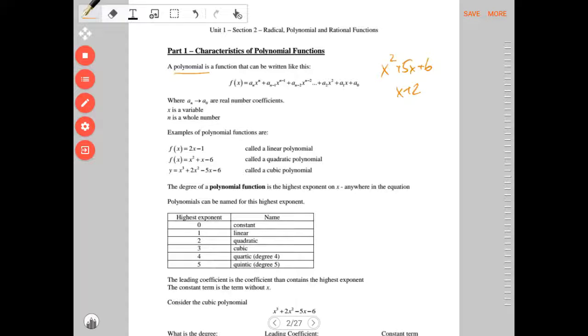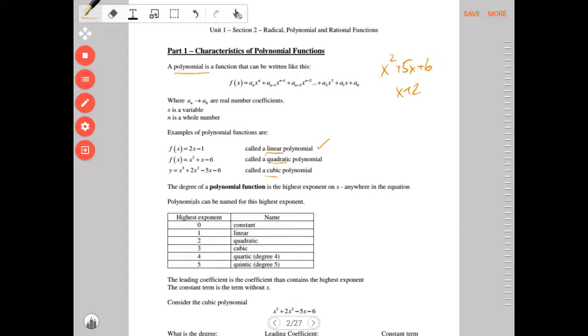So a few examples. 2x minus 1, that's called a linear polynomial. x squared plus x minus 6, that's called a quadratic polynomial. Then we have these bigger ones, x cubed plus 2x squared minus 5x minus 6. That's called a cubic.